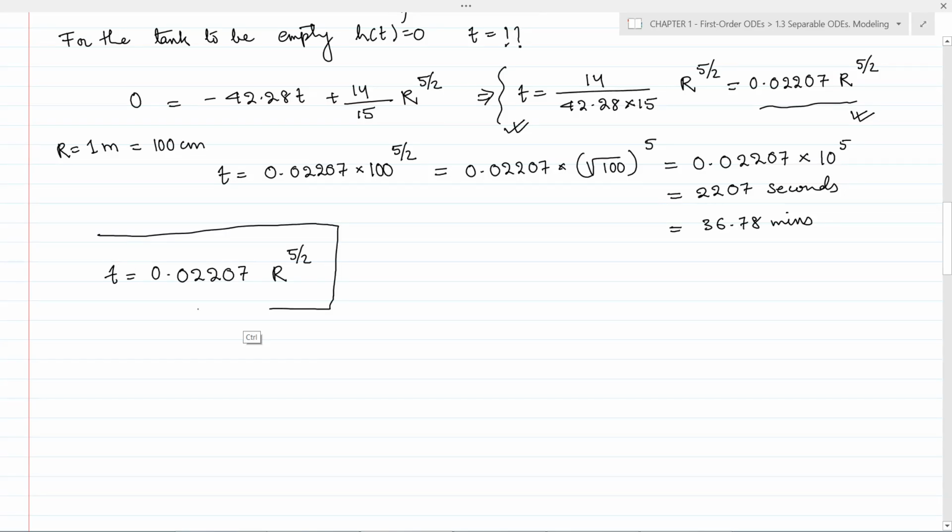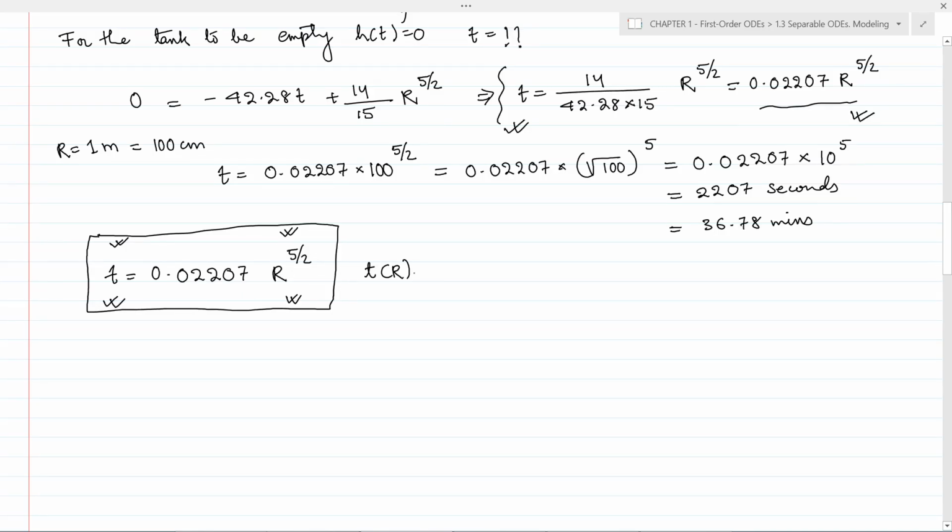We can use this equation to plot time t as a function of r, that is the time taken to empty the tank for various values of the radius of the hemispherical tank.